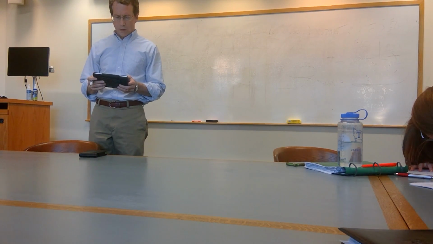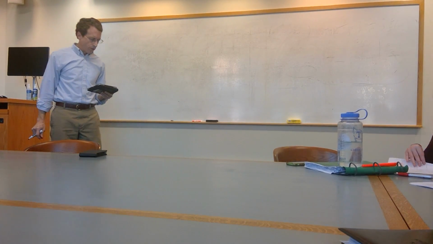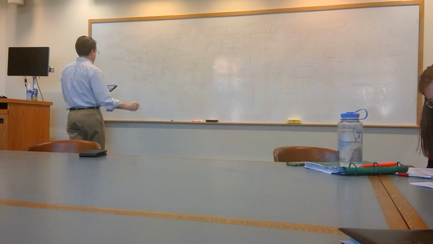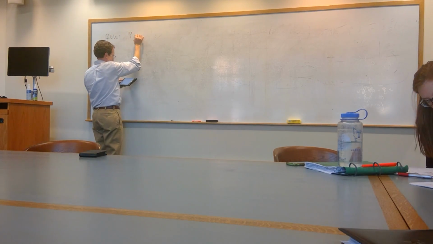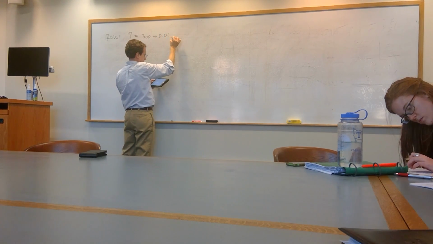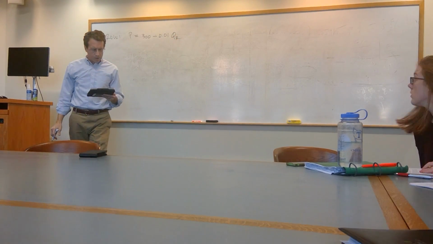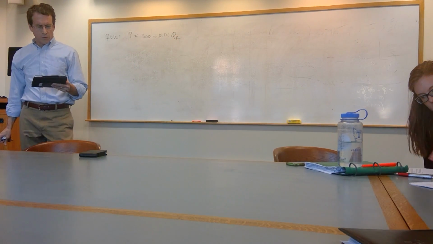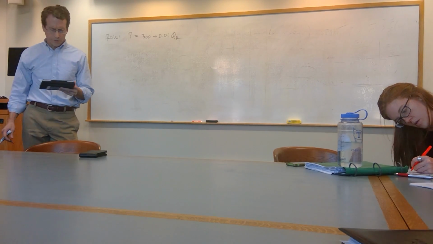Suppose there's a second market for the vaccine outside the US, call this the rest of the world market, and suppose it has a demand curve given by 300 minus 0.01 QR, where QR is the amount of the vaccine that's sold in the rest of the world.